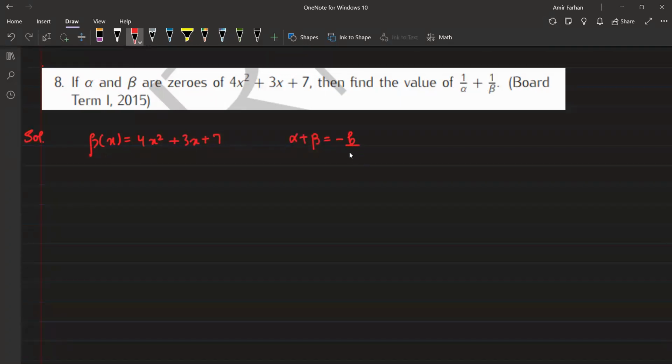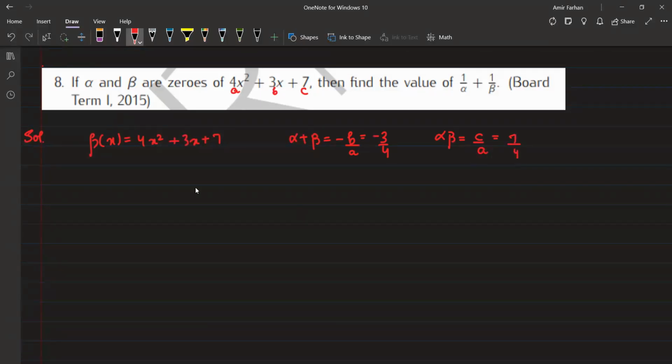Minus b upon a. This is a, this is b, and this is c. Minus b means minus 3 by 4, because b is already positive. And alpha into beta will be nothing but c by a, so c by a is 7 by 4.